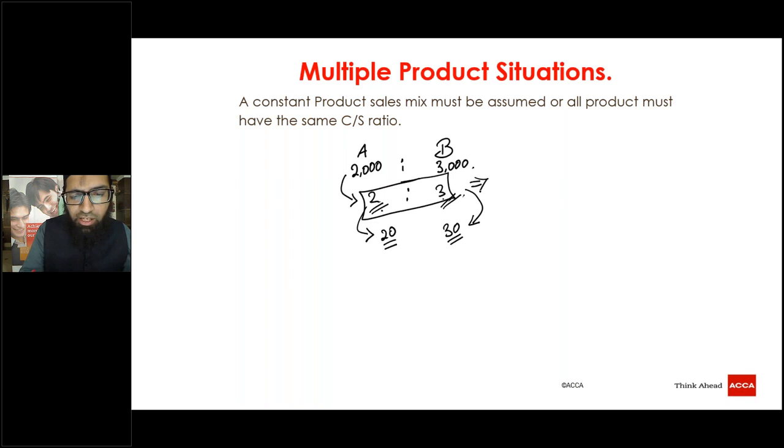So whoever the customer is will buy the combination of 2A and 3B every time. So this is the constant mix, the proportion that will not change. Is there any question? Have you understood the constant mix?